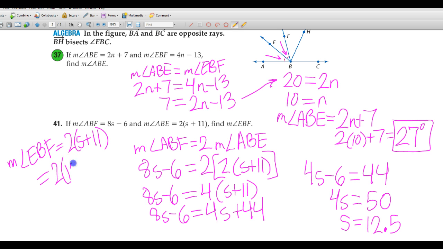So substitute in 12.5. And we get 47 degrees.